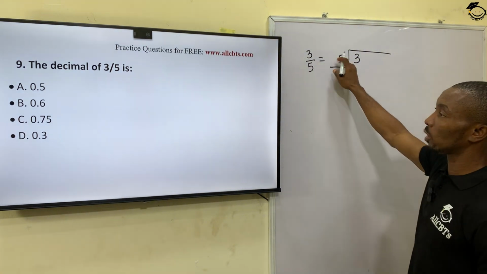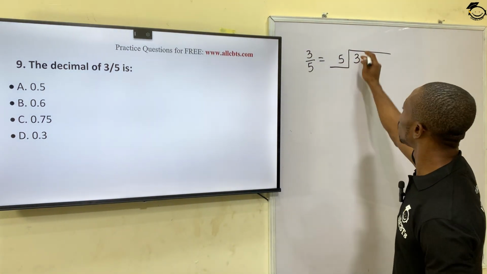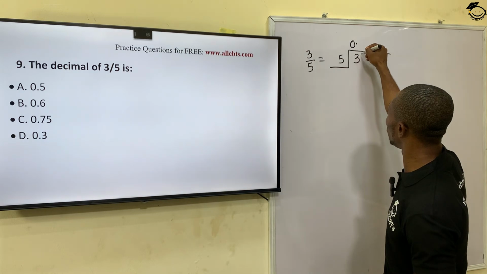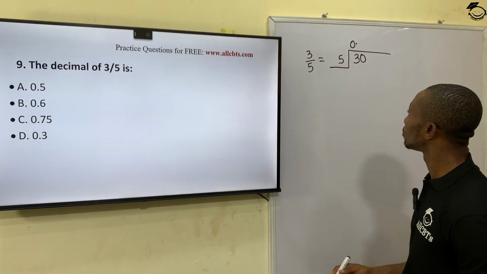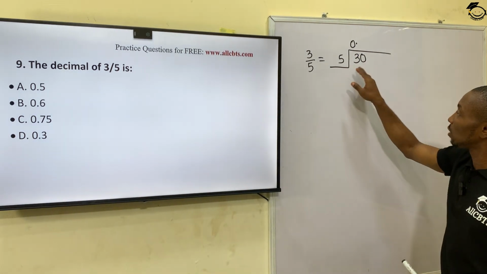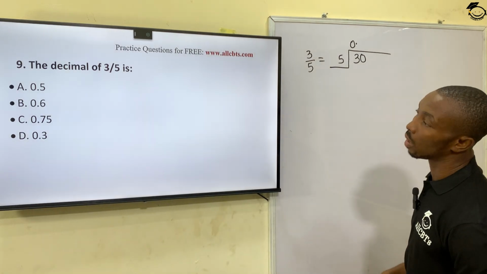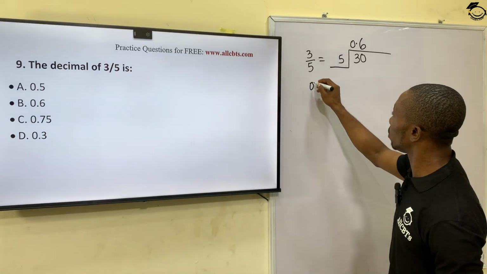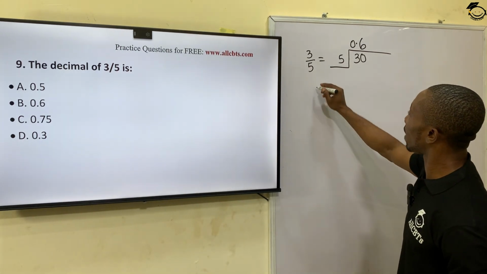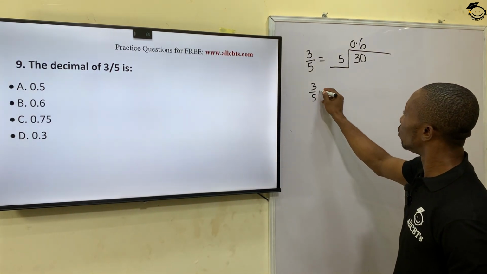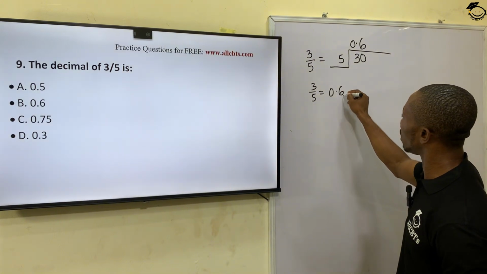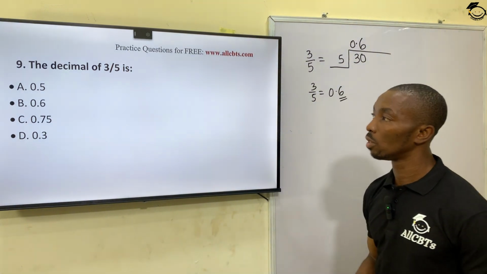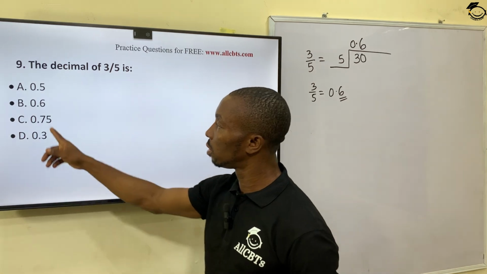Now, 5 cannot divide 3, so we put a 0 and introduce a point. All right? Now, 5 into 30 would give us a 6. So our 3 over 5 would be 0.6 in decimal, which is our option B.